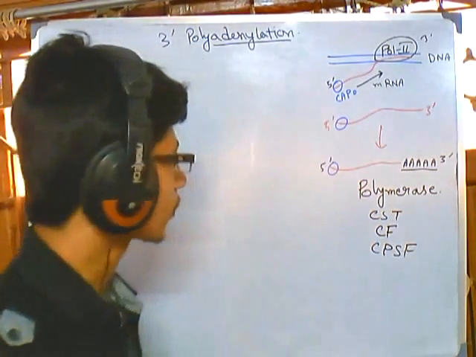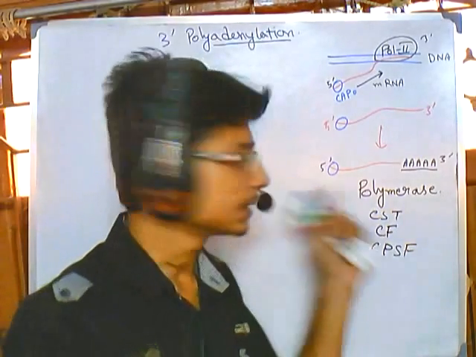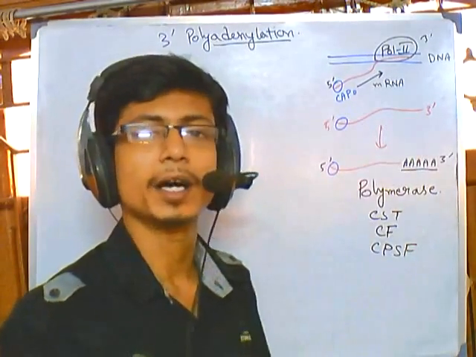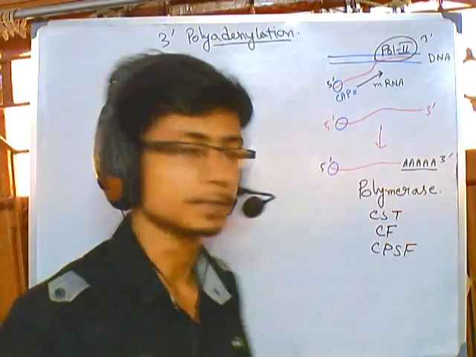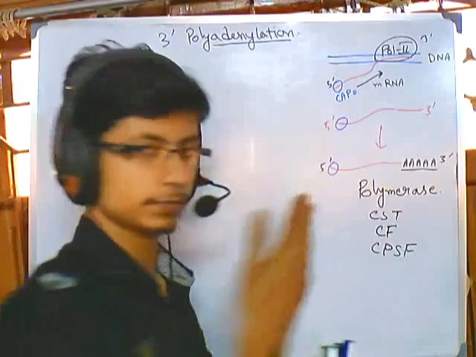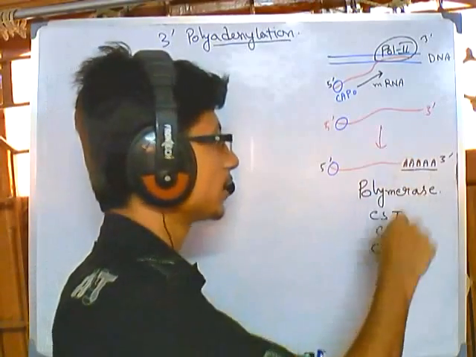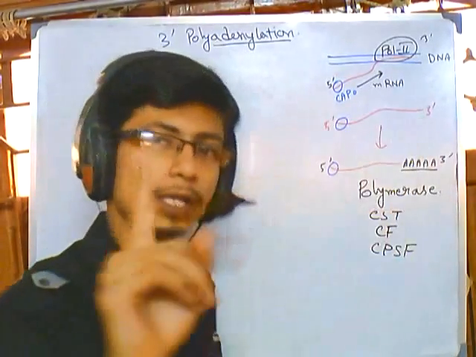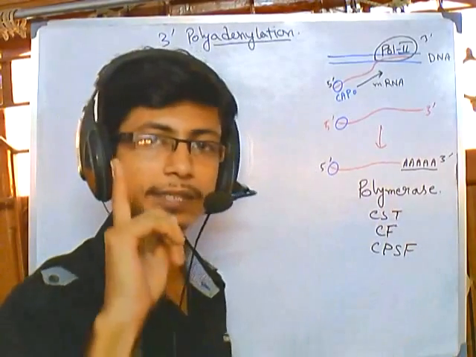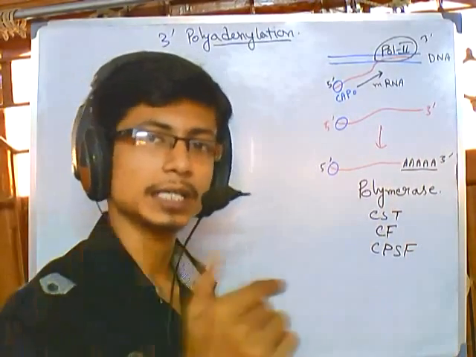Now how can this polyadenylation give the mRNA stability? Let's say exonuclease works on it. It starts cleaving one nucleotide at a time. We know that this is a feature of exonuclease, that it cleaves one nucleotide at a time from the terminal ends.